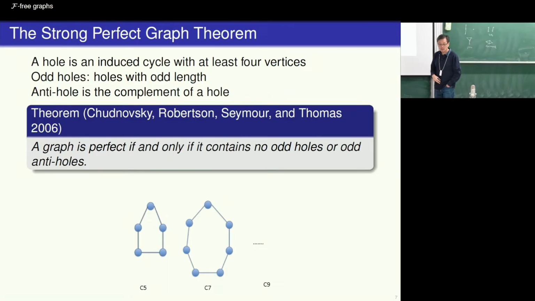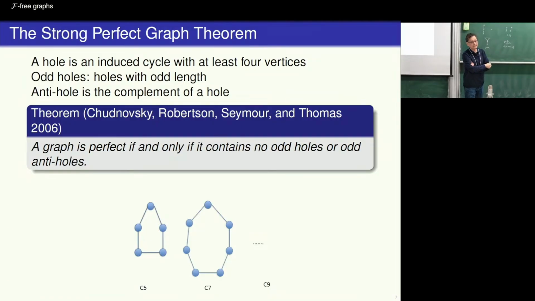It was conjectured by Claude Berge in the early 1960s that a graph is perfect if and only if it does not contain as an induced subgraph an odd hole or an odd antihole. So if a graph has no odd hole and no odd antihole, you can color it with as many colors as the clique number, and we know that's the best possible we can hope for.